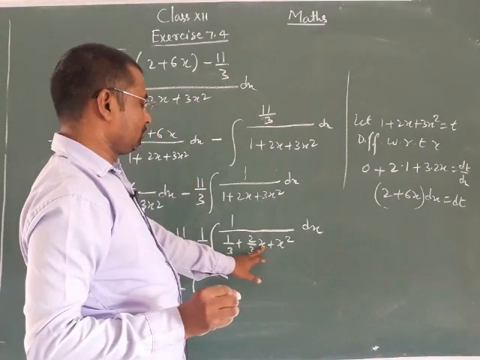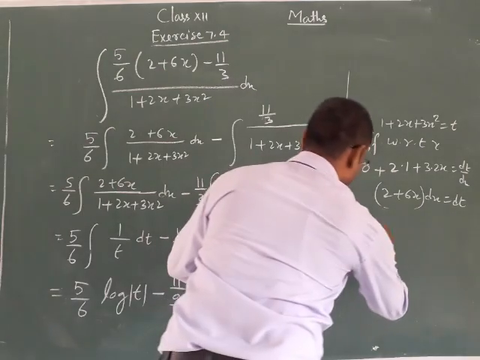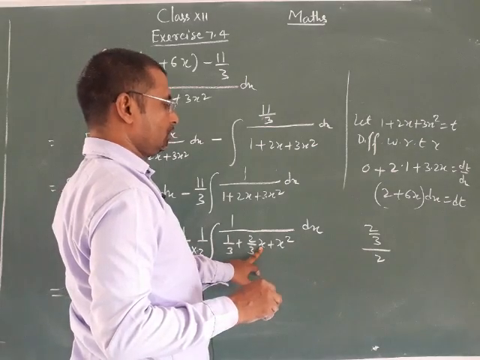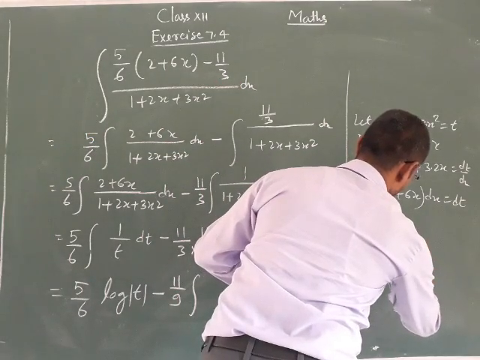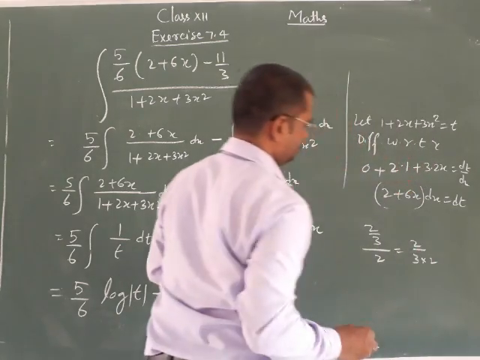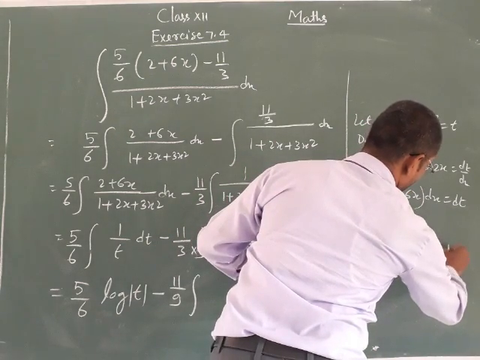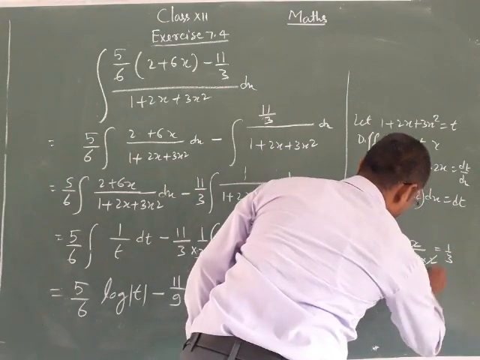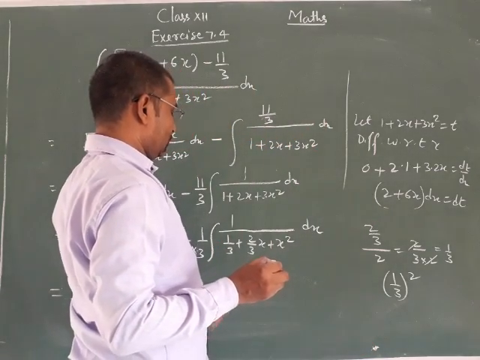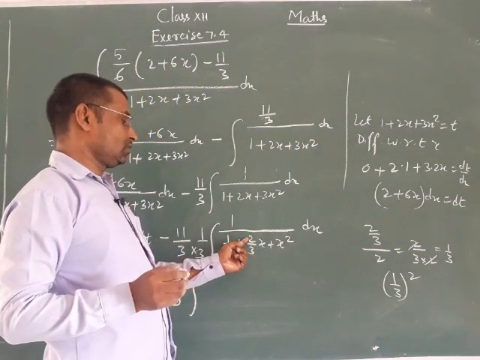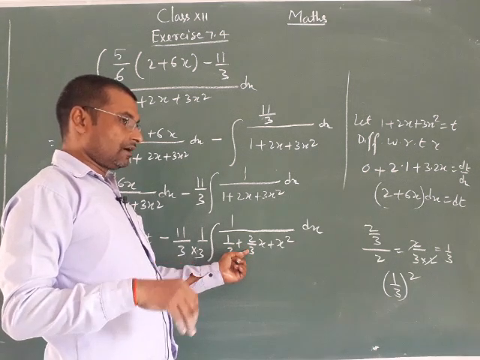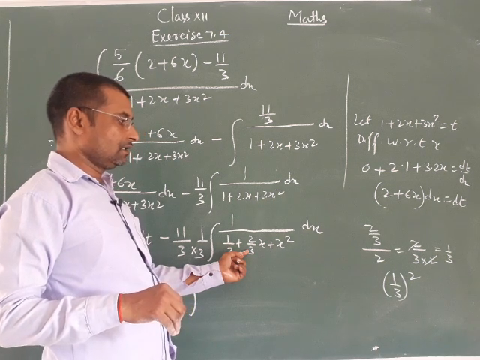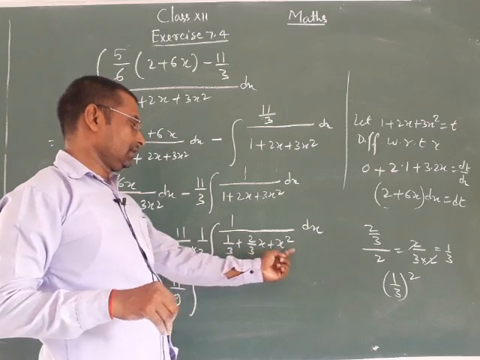Taking coefficient of x, 2/3 upon 2 and its half, so we get 2 upon 3 into 2, so 2 cancel out, get 1/3. 1/3 square, and squaring and adding in this way.